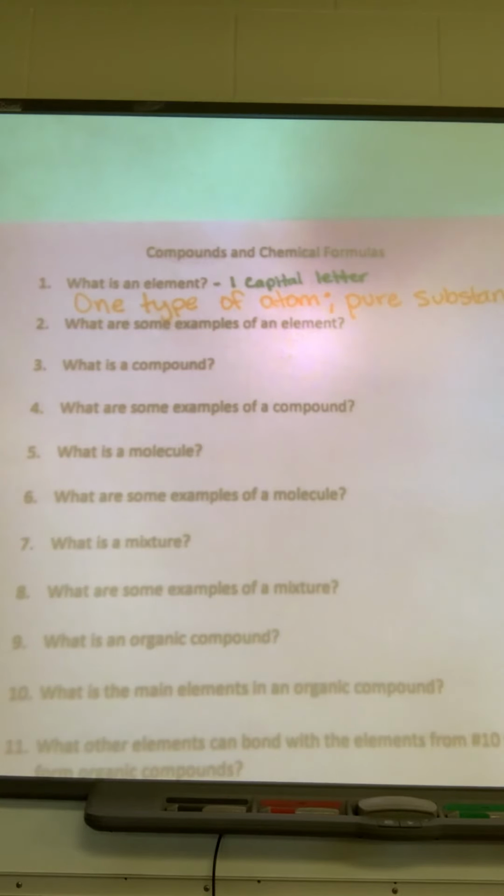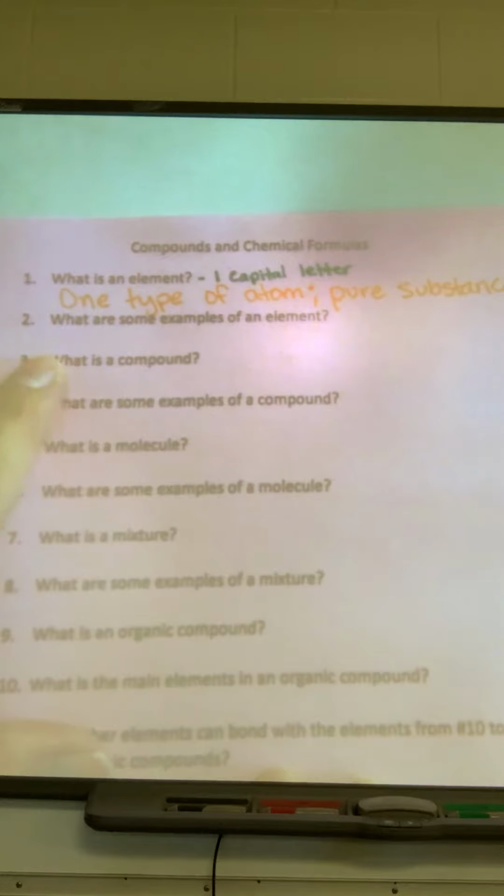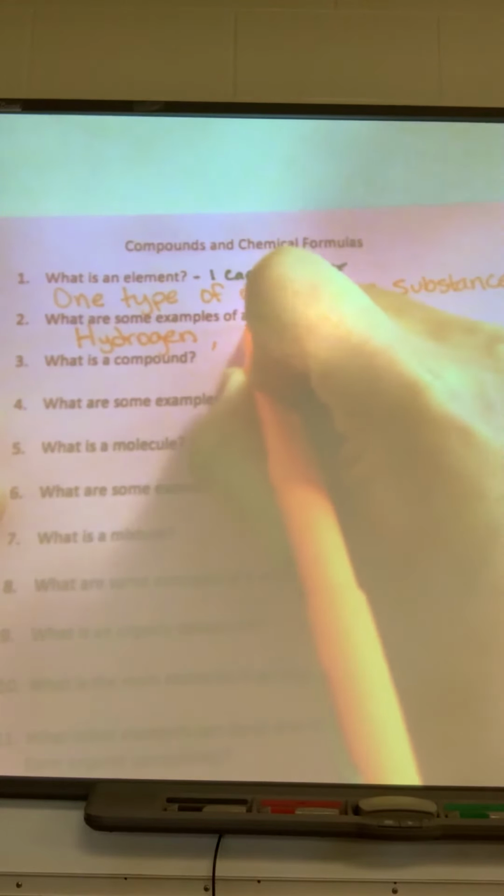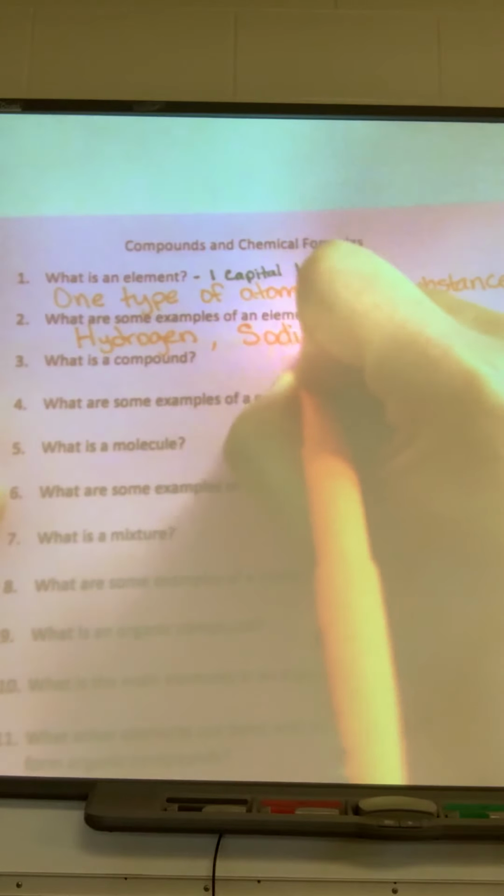My neutrons, now remember, for some elements are going to be different because those are called isotopes. Those are still an element. It's just a special kind of element, called an isotope, with a different number of neutrons. Some examples of an element: that's basically anything on my periodic table. I could list them: hydrogen, sodium, anything on there, it doesn't matter.